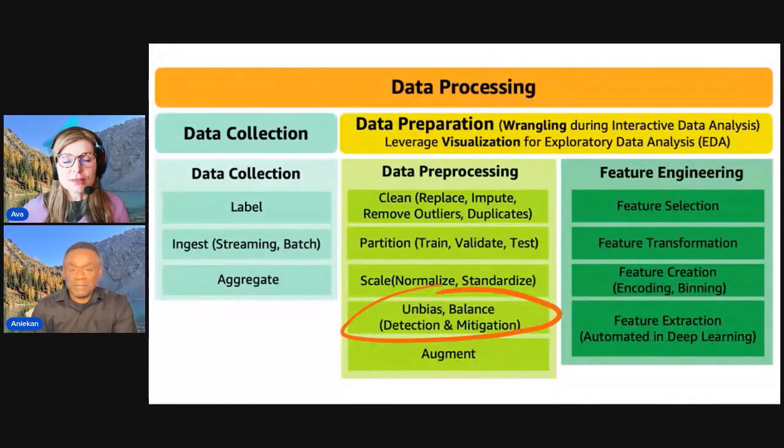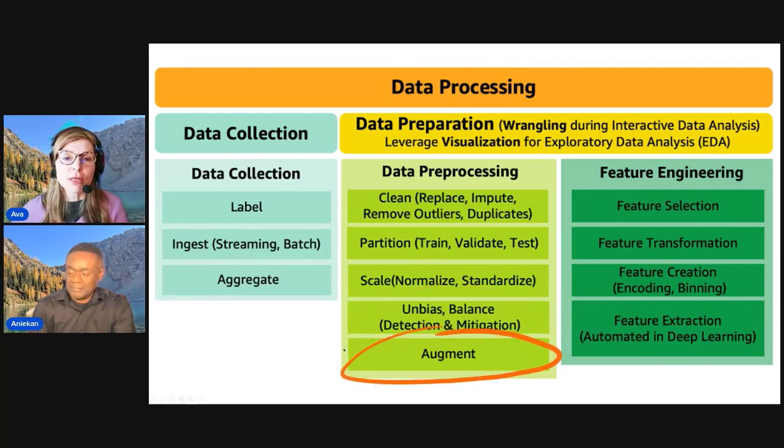The next section is a conversation around data augmentation. This is artificially expanding your data set so your model gets more practice, so to speak, more examples, and becomes more robust. We can look at techniques like synthetic data generation and image augmentation.